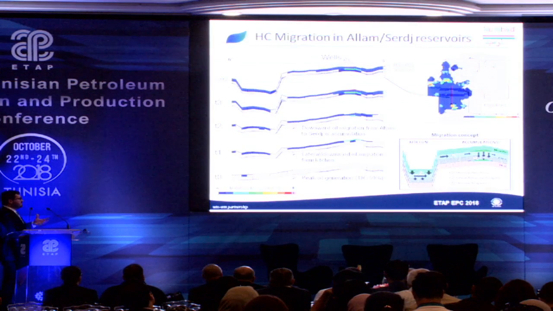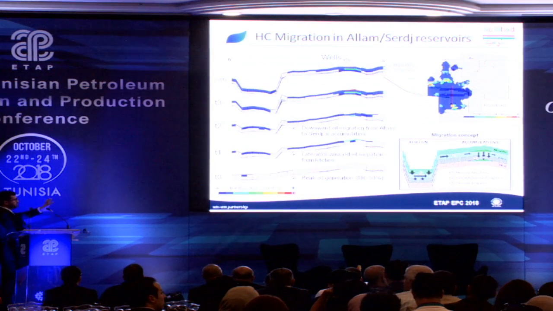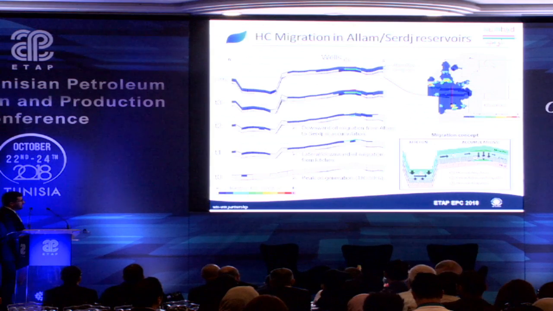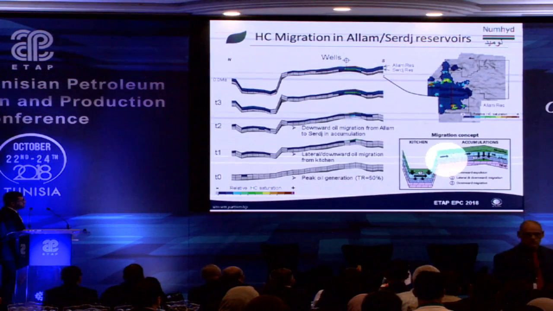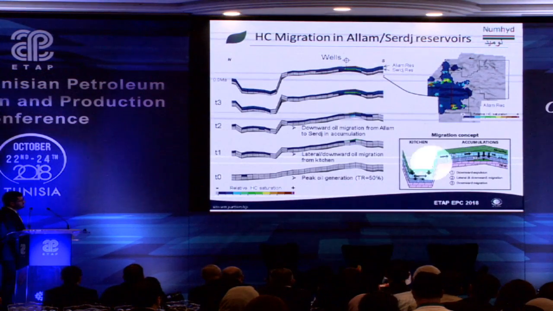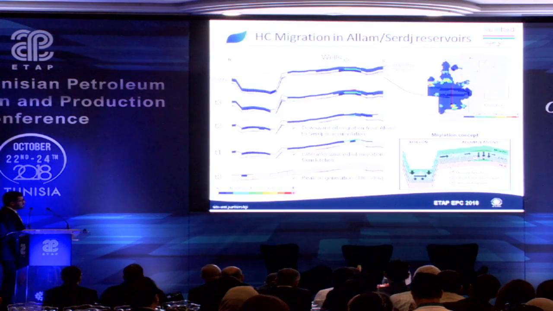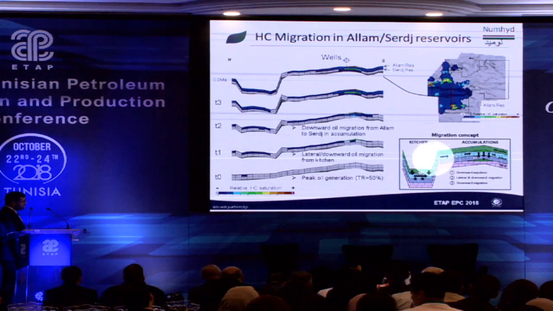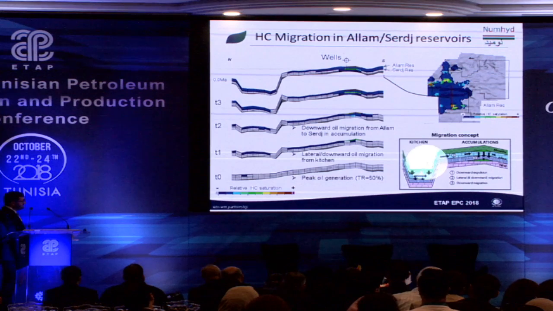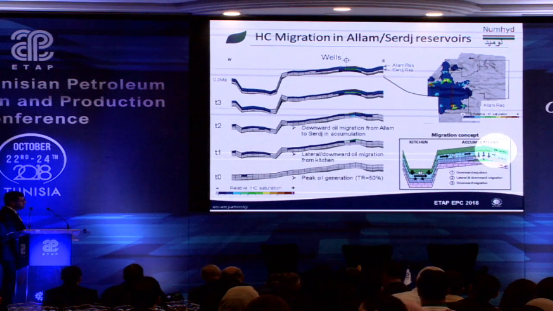To synthesize the mechanism we suggest for the migration process, you have to look at this schematic cartoon. You can see in green, it's the Muela source rock at the top.